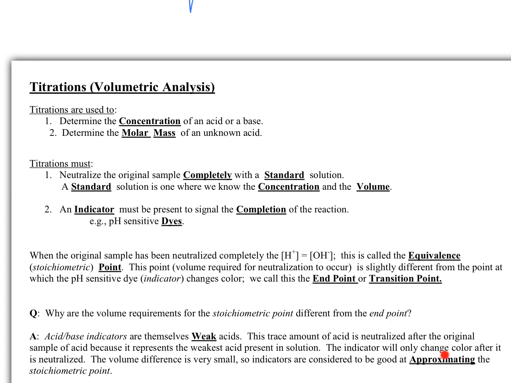The indicator will only change color after itself is neutralized. The volume difference is very, very small, so indicators are approximating the stoichiometric point. This is also why, whenever you used your phenolphthalein, I leaned more towards a very light pink than the complete middle pink. I would rather have something closer to clear than to the dark pink.